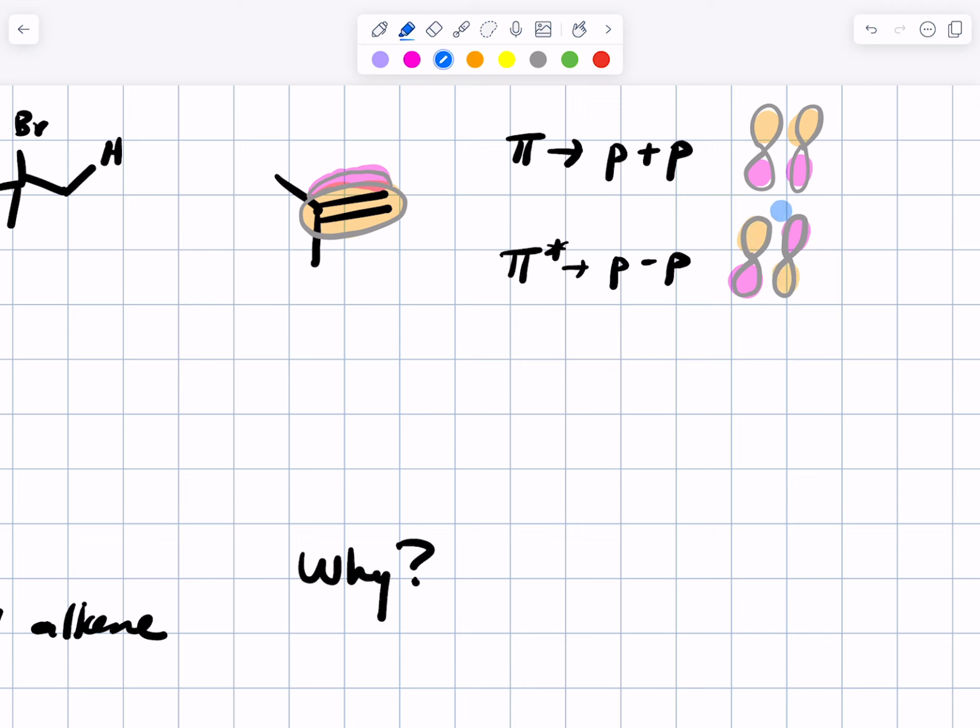And when wave function sign switches between two atoms, we call that a node. And we've said before that this pi orbital is a bonding orbital and the pi star is an anti-bonding orbital.